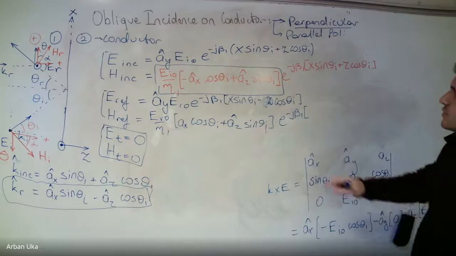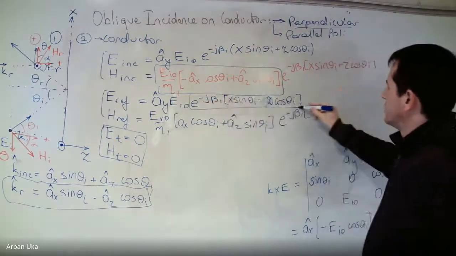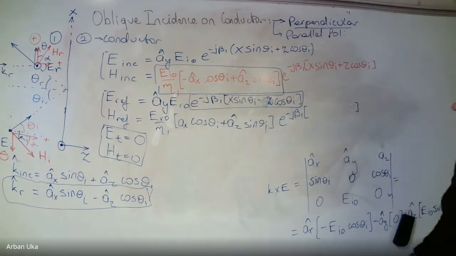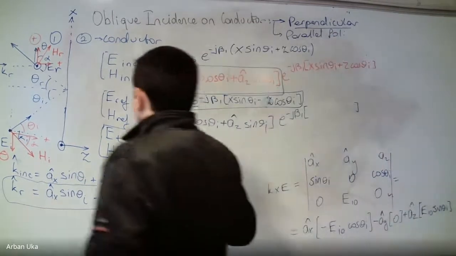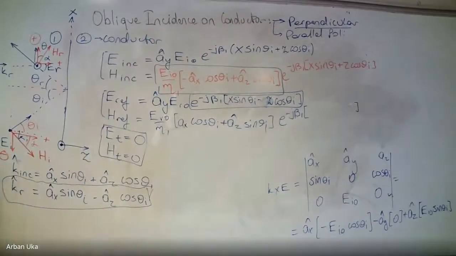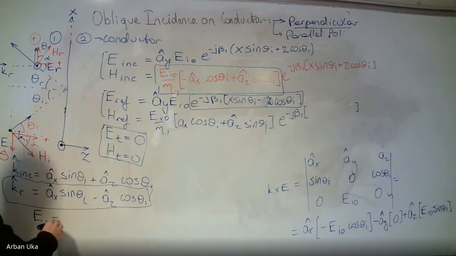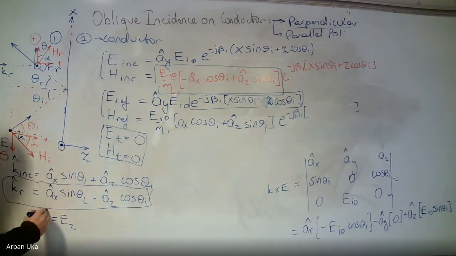And now, of course, we have to write this propagation term into this expression. So now these are the two wave components. Then we have to consider the boundary condition, which simply states that E1 is equal to E2, but we have to consider the tangent components.